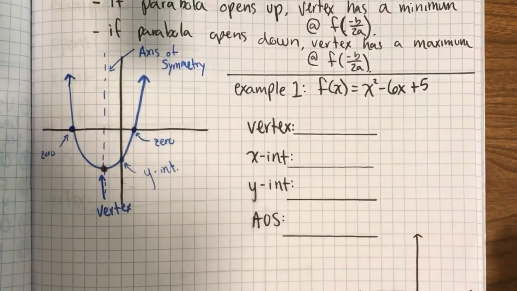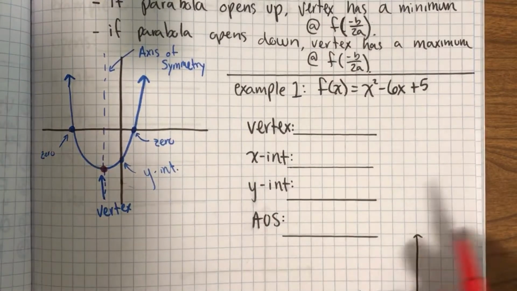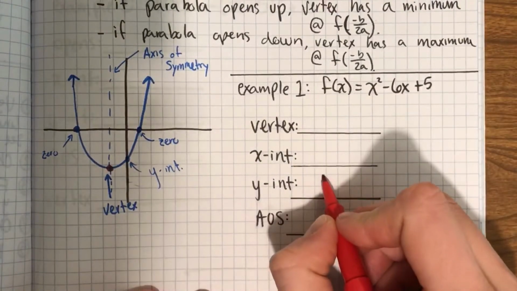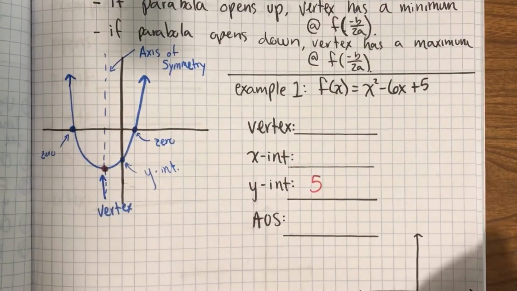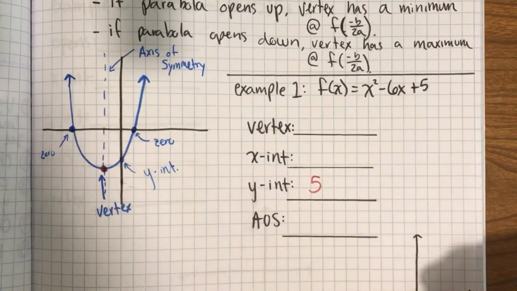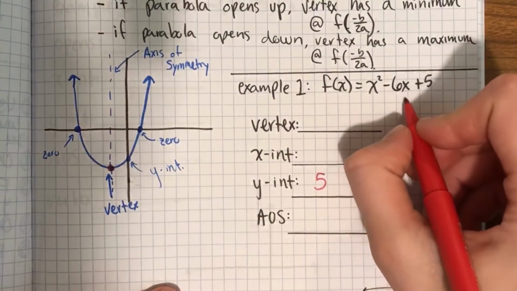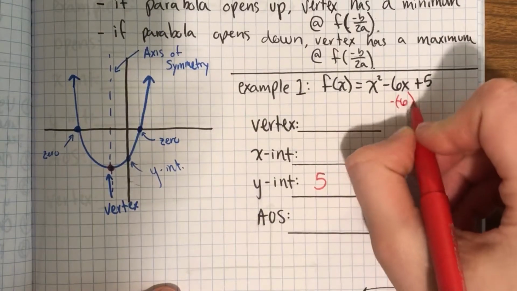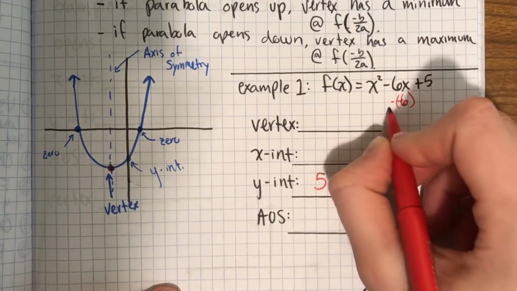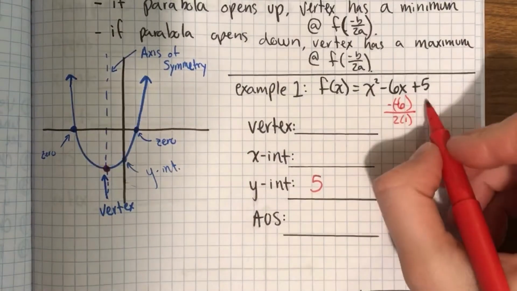If I have x squared minus 6x plus 5, let's find the things that we automatically know. We automatically know our y-intercept is 5. That's our c value. The other things will be a little bit more difficult to find. Looking at our vertex, we're going to take negative b, so a negative 6 over 2 times 1, because that's my a value.